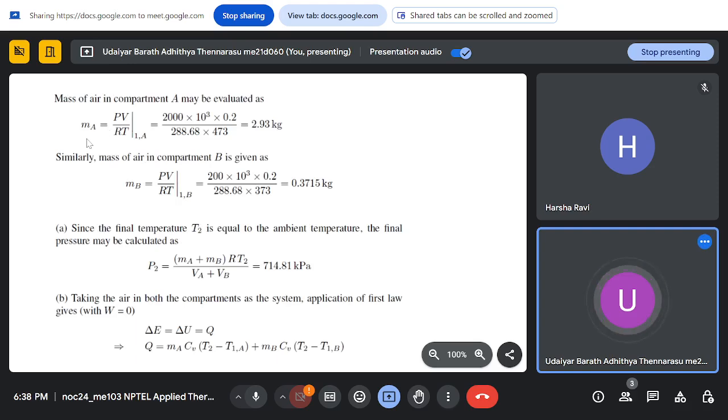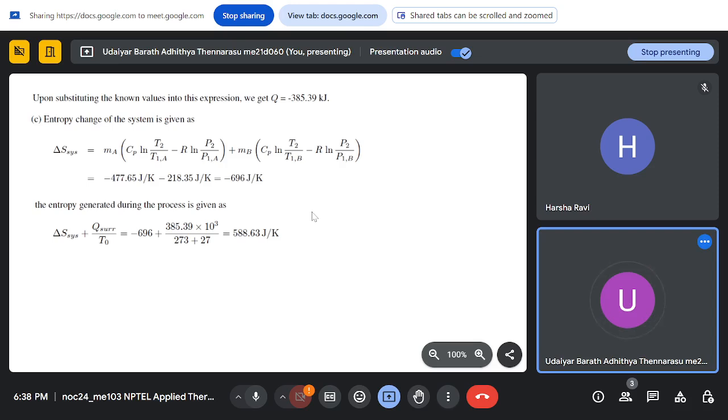I'll just brief up. We first had the partition, so we found out individual masses of the compartments, and then we estimated, using Avogadro's law, the final pressure when the whole vessel is at the ambient temperature. Then we found out the change in internal energy, and because there is no work transfer, the whole of the change in internal energy is given off as heat.